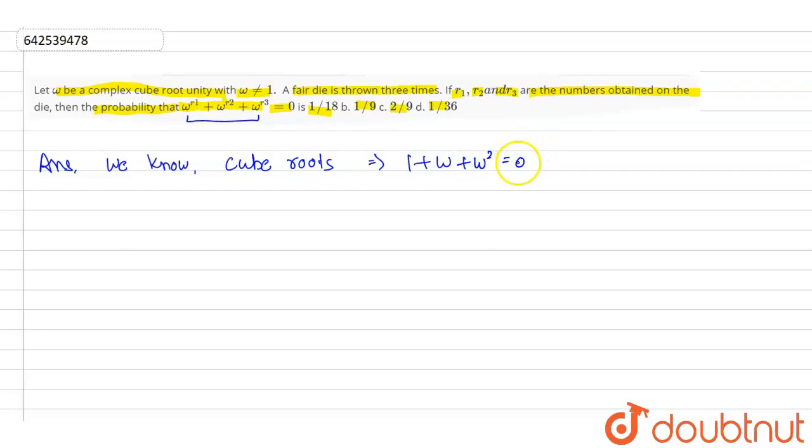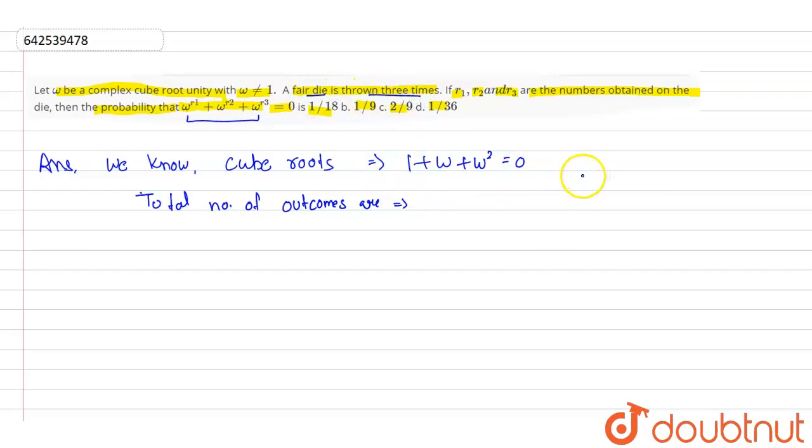Here we can get the total number of outcomes for the probability. We need favorable outcomes and the total number of outcomes. So the total number of outcomes: a fair die is thrown 3 times.